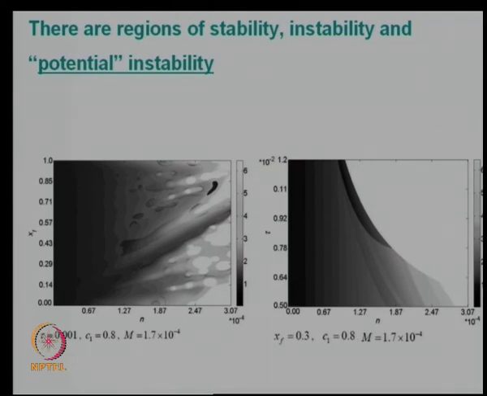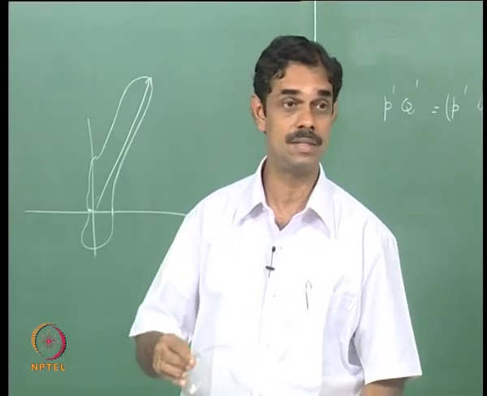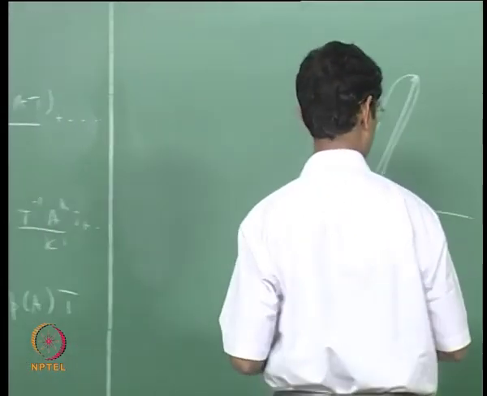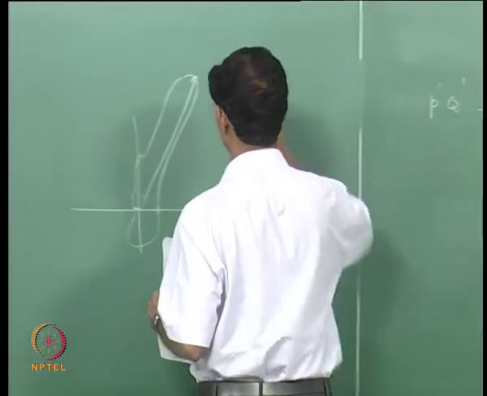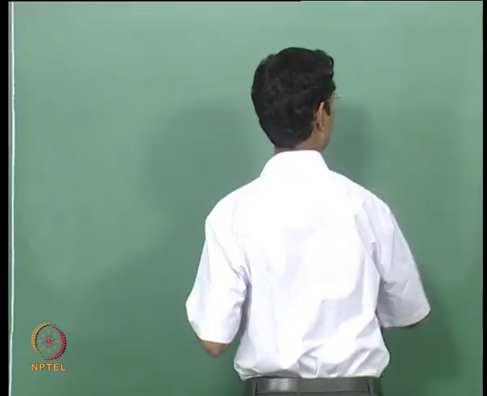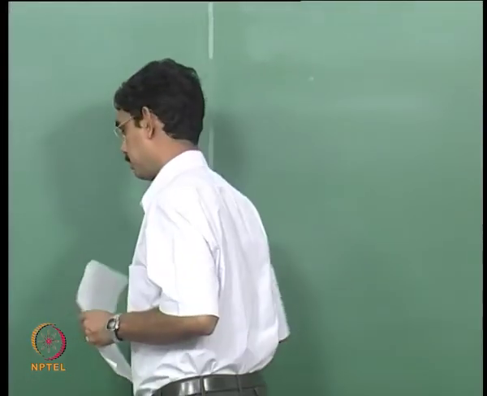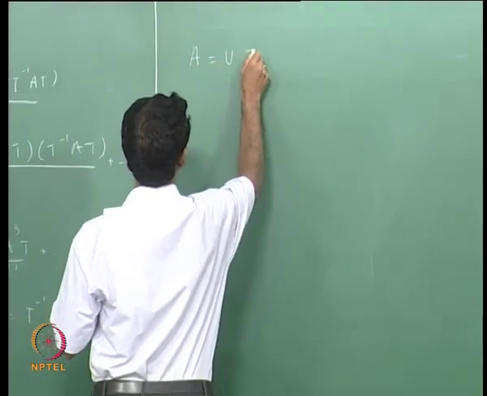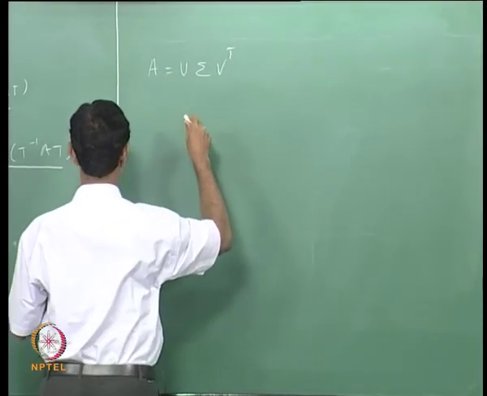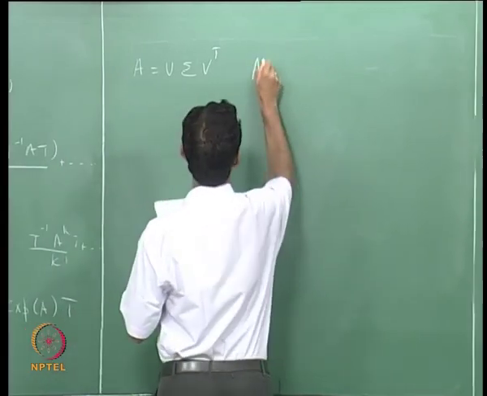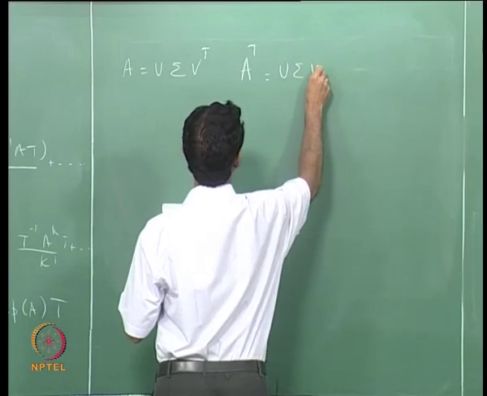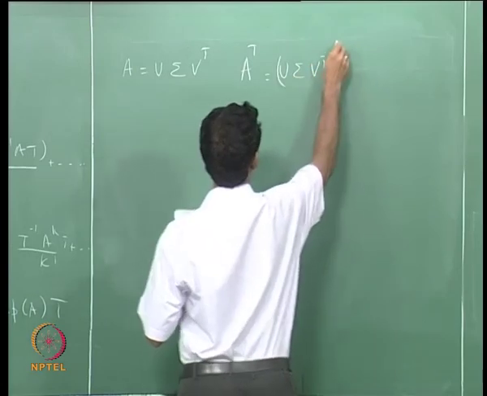I just want to stop with explaining how to obtain singular values, how to compute singular values. So A transpose would be U sigma V transpose transpose.